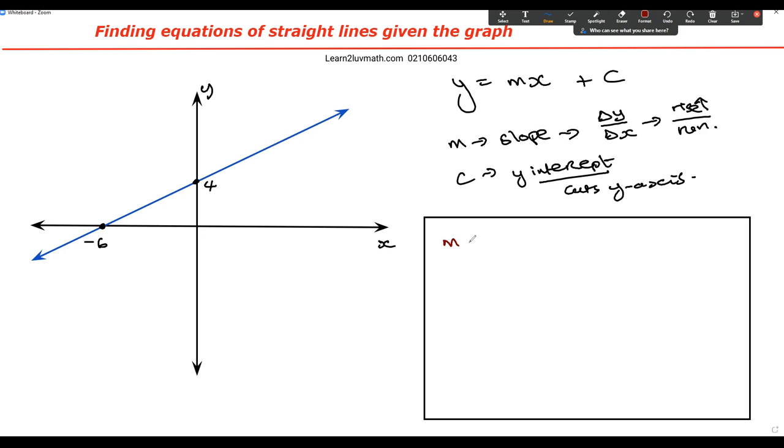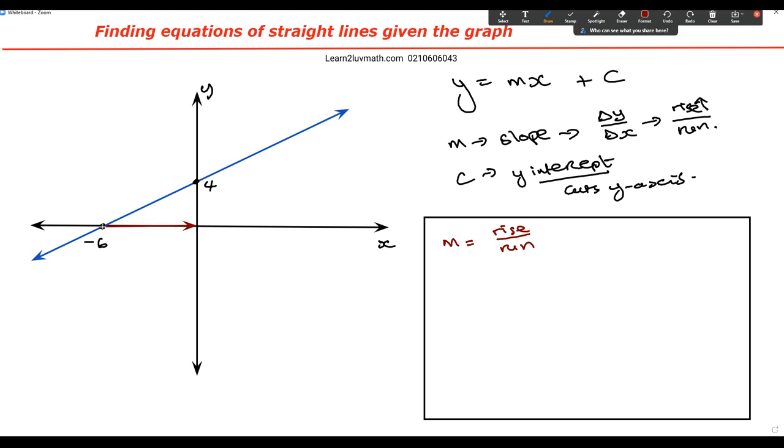What I want to do is, let's have a look at the first thing, finding the m value. So m is equal to rise over run. Let's say I start at -6 and I get to 4. I want to go from -6 to 4.